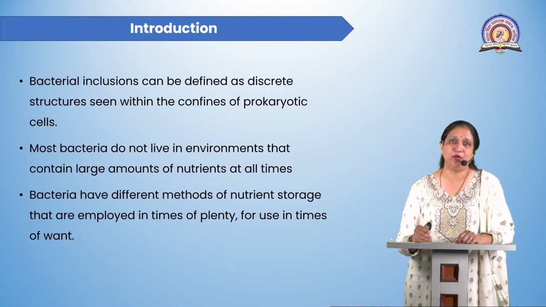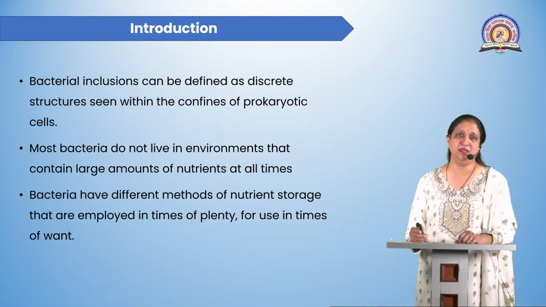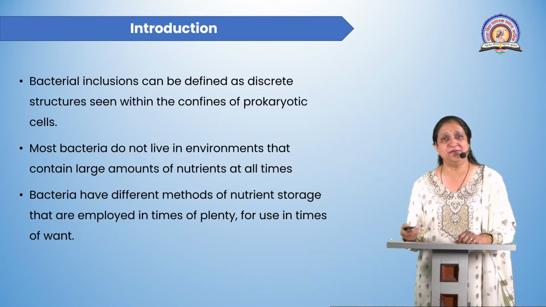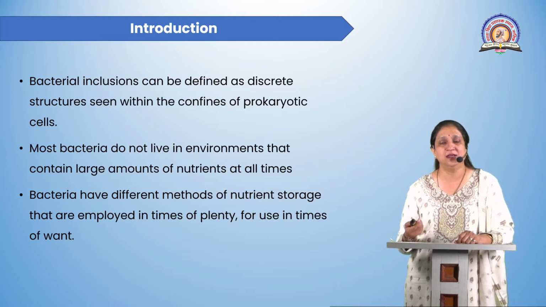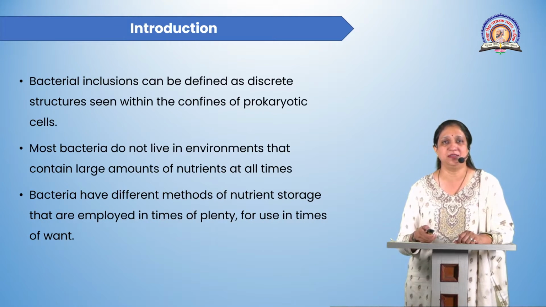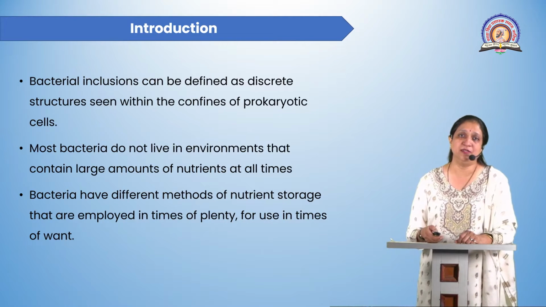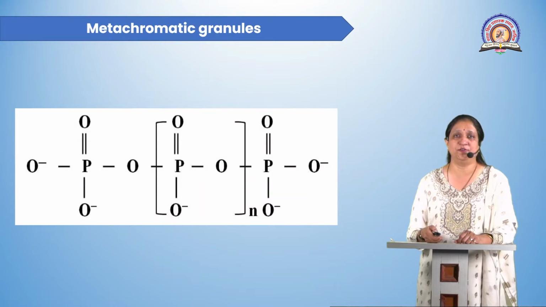When there is plenty of nutrient in the environment, they store it, and whenever there is a deficiency or a want of a particular nutrient, these granules can be utilized by the bacteria. So it is a mechanism employed by the bacteria to store the nutrient when there is plenty and use it whenever there is a want.